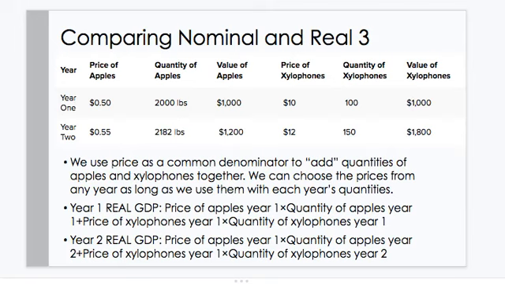So year one real GDP: price of apples in year one times quantity of apples in year one, plus price of xylophones in year one times quantity of xylophones in year one. And then year two real GDP: price of apples in year one times the quantity of apples in year two, plus price of xylophones in year one times the quantity of xylophones in year two.